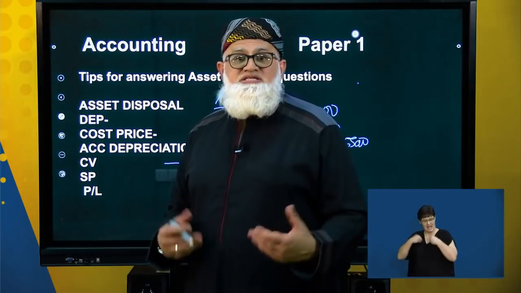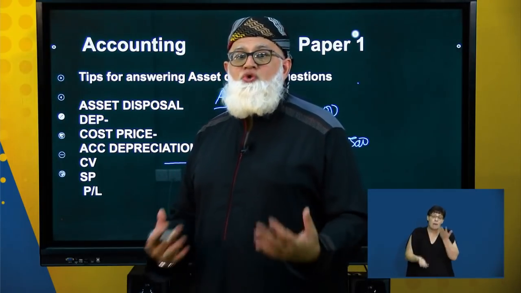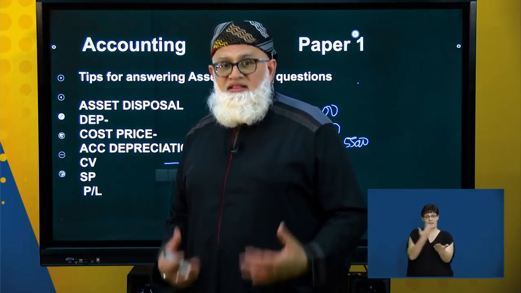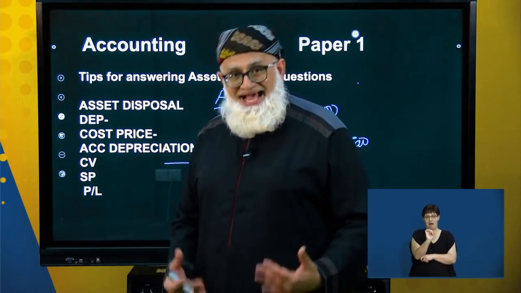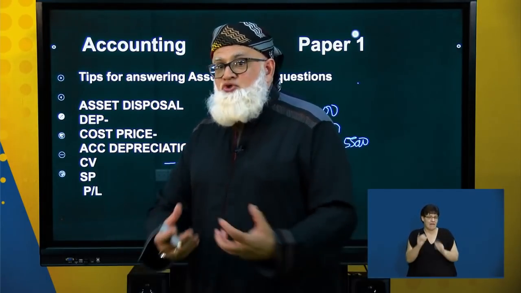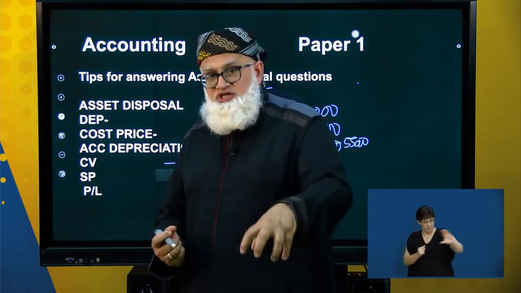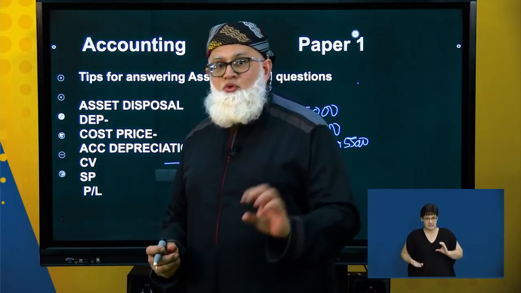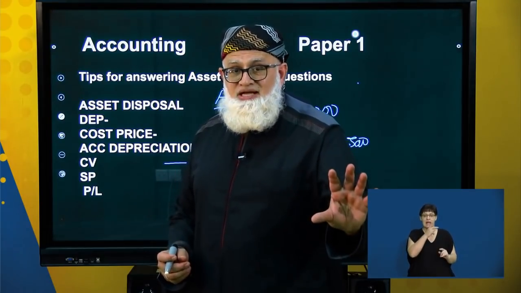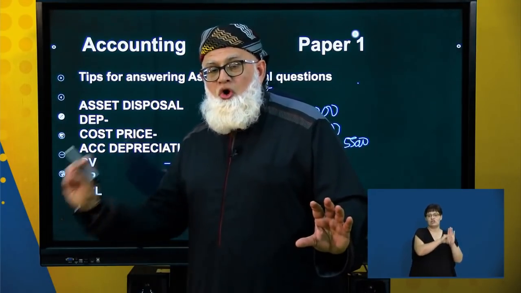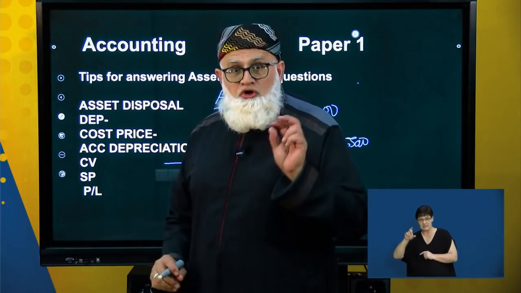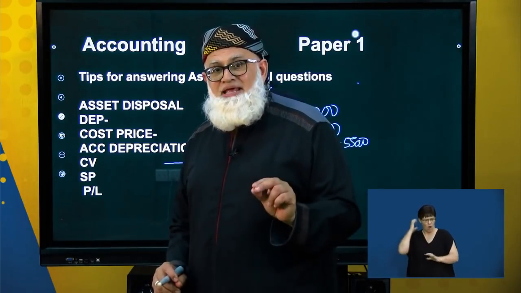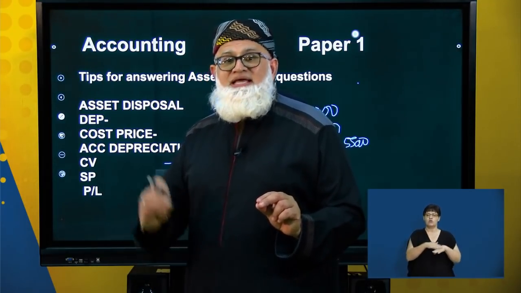And then sometimes you have an insurance claim where the vehicle is insured or the asset is insured, but you haven't received the money. They've acknowledged the claim, but you haven't received the money as yet. Then you will debit insurance claim and credit your asset disposal. Do not confuse this insurance claim with your nominal account insurance.